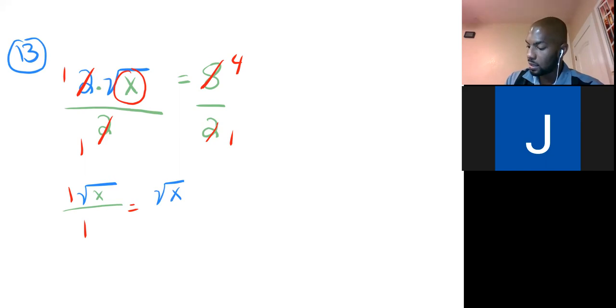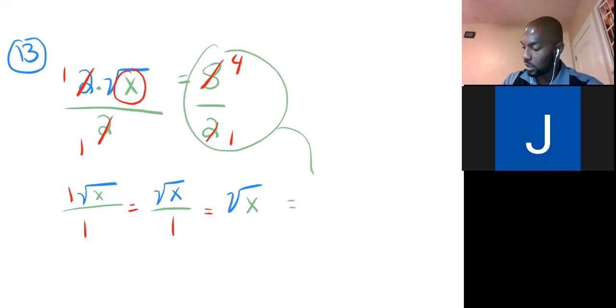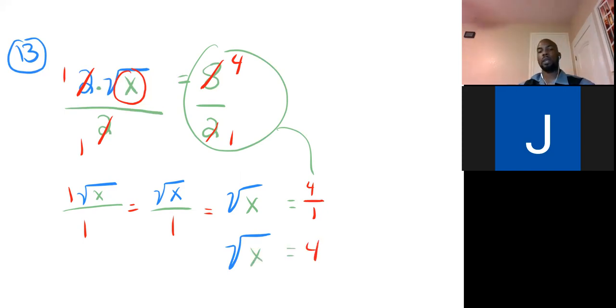And because anything divided by 1 is itself again, the final answer for this top part is radical of x. And the radical of x is still going to be equal to this section over here, 4 over 1, which is what we were left with. I can clean that up to rad x equals 4.